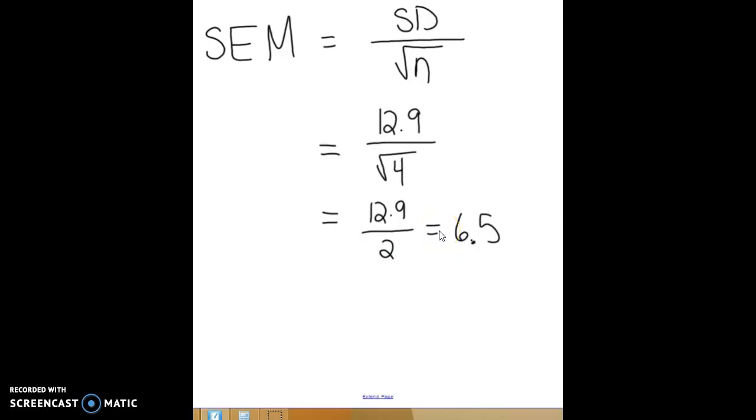And remember what the standard error of measurement tells us: if I tested more students, if I took 25 student test scores, or 100, it gives me an idea of how that average would relate to the average that I found. That is what my standard error of measurement is.